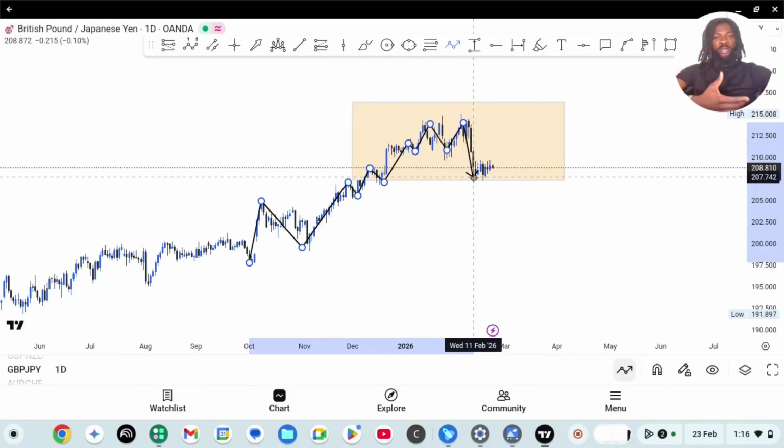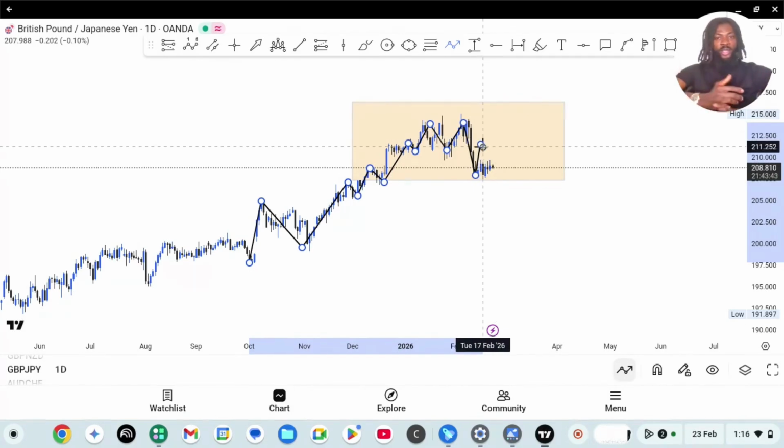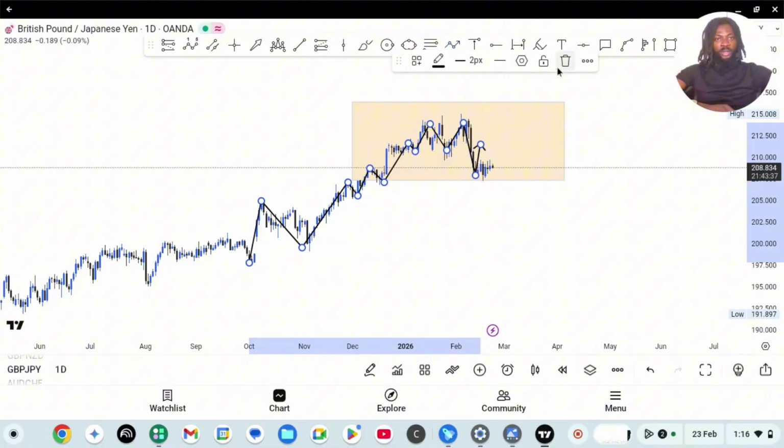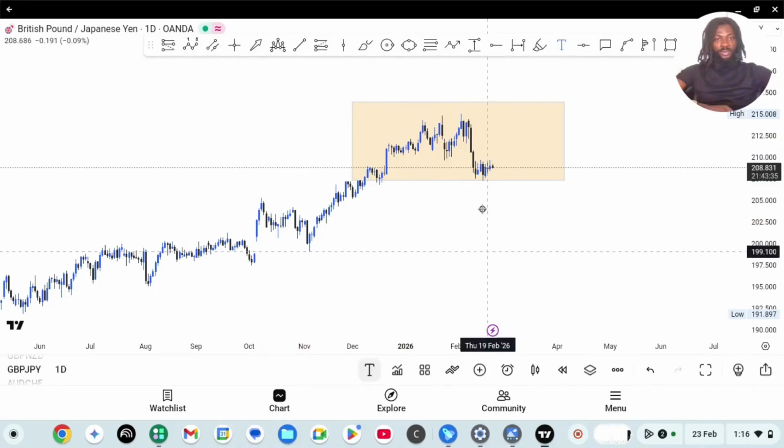What is the market telling us? The market has moved from an uptrend to a downtrend. This is the start of a downtrend. So we have established that the weekly is a downtrend, and the daily time frame is also a downtrend.